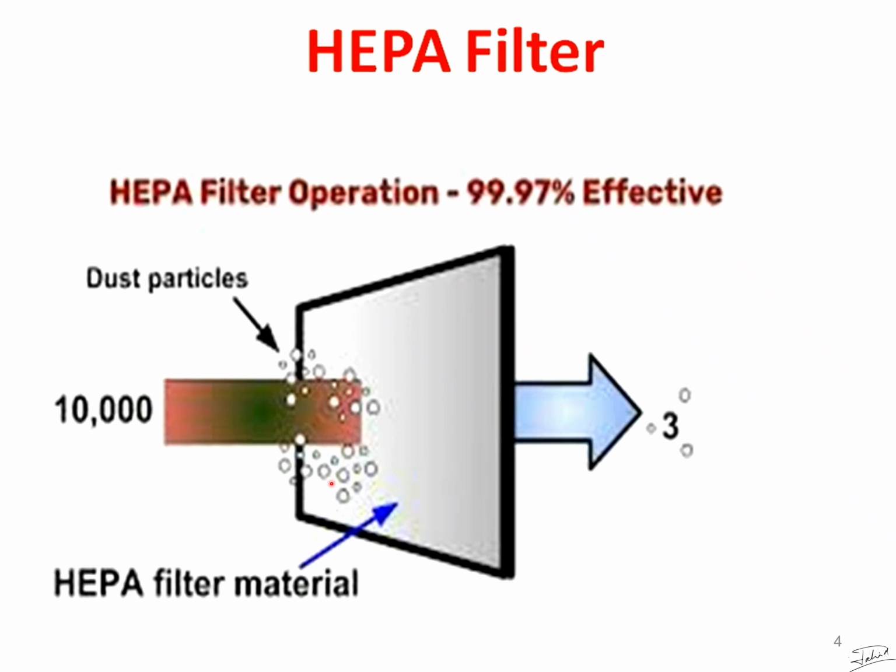For being 99.97% effective, of the 10,000 particles entering this filter, only 3 or fewer should get out. So you can already see how efficient the filter is.